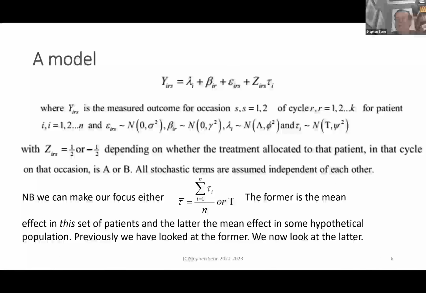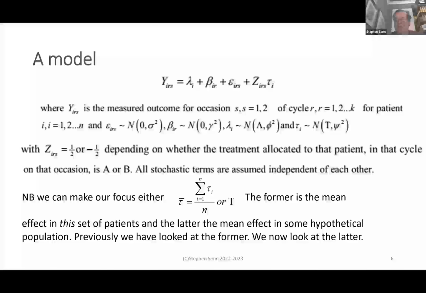And we're going to need a number of different error terms here. We've got the within cycle, within patient error, which is epsilon IRS. The difference between cycles, which is beta IR. And then between patients, lambda I, we imagine that different patients have different degrees of disability or illness or sickness or whatever.